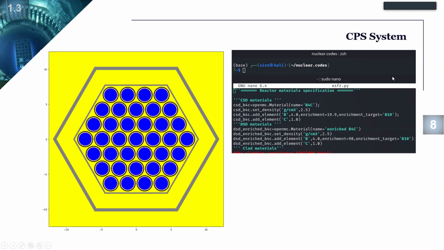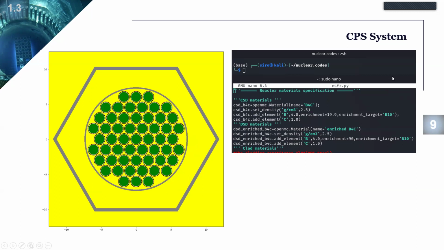Let's move on to the diverse shutdown device, please. Here you can also see there's a difference in terms of the geometries. In the control shutdown device, the subassemblies or the absorber materials are organized in a manner that gives us what's called the hexagonal lattice. But in this case, you can see they're organized in a cylindrical way.